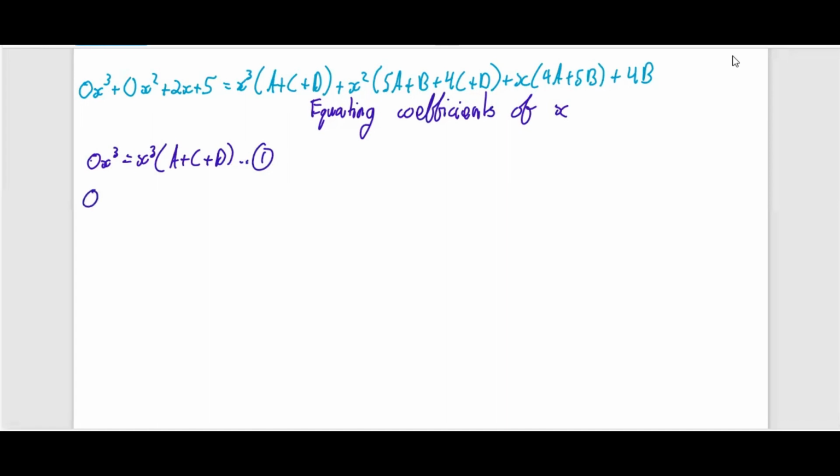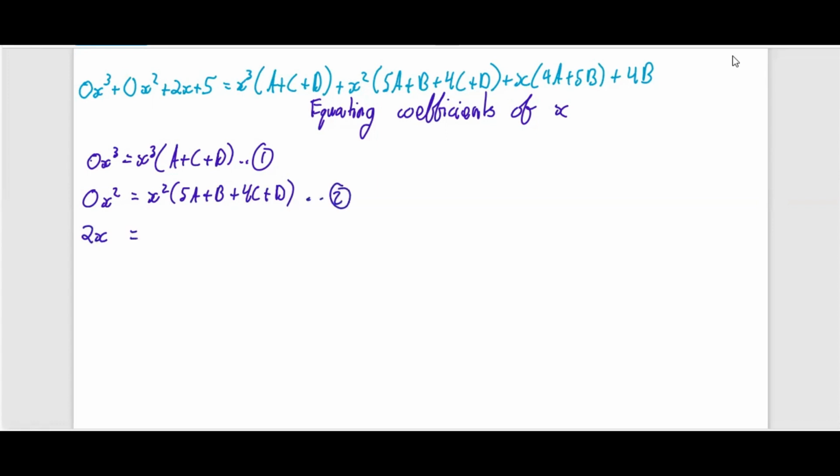And we have 0x squared, and that is equal to x squared, 5a plus b plus 4c plus d. Then we have 2x. Oh, forgot to number this one.